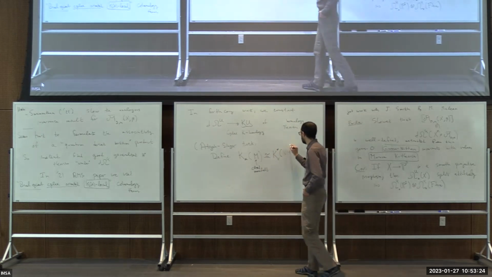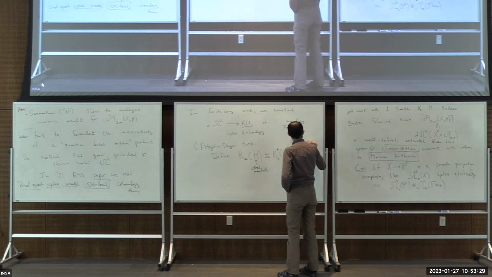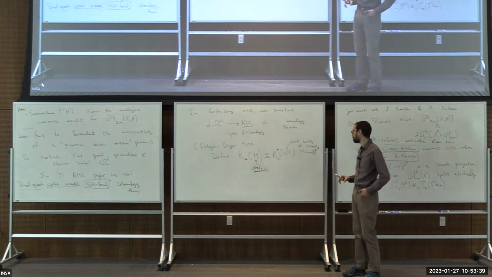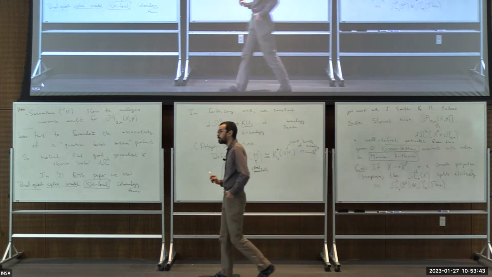And what that means, this is the normal bundle of an embedding inside R^K for K very large. And this is some kind of compactly supported K theory.